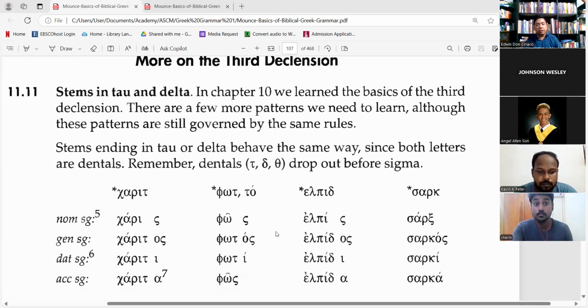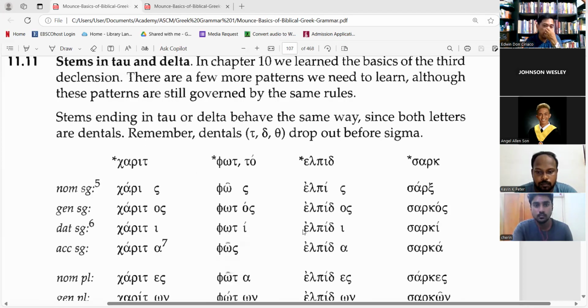Still on the third declension, which refers to the previous lesson. Now we have here the word charis. So it remains with the dentals, letters that end with T, D, and theta. So it's charis, charitos. Remember sarx, and then sarkos is the genitive.